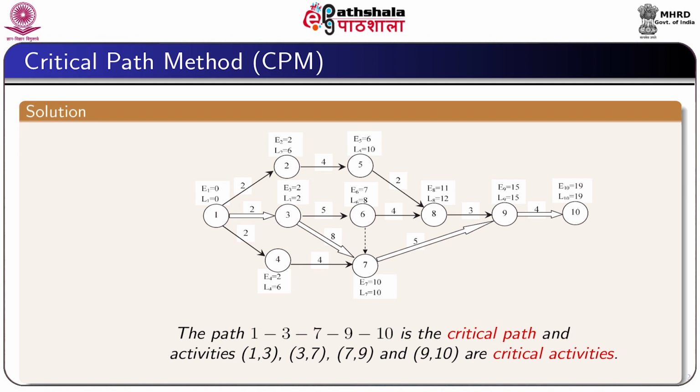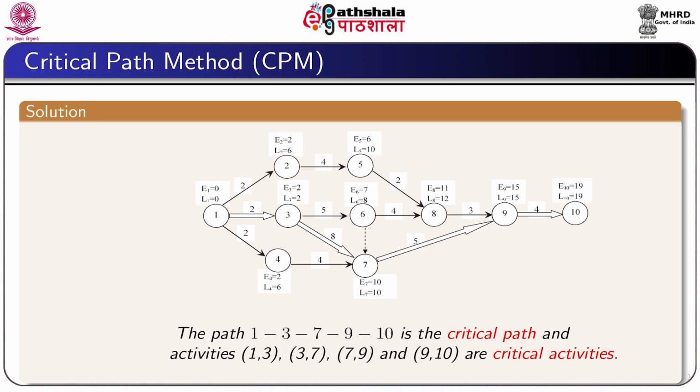When we put these results in the network diagram, we see that the path 1, 3, 7, 9, 10 has Ei equal to Li, that means the earliest occurrence time and latest occurrence time are the same.